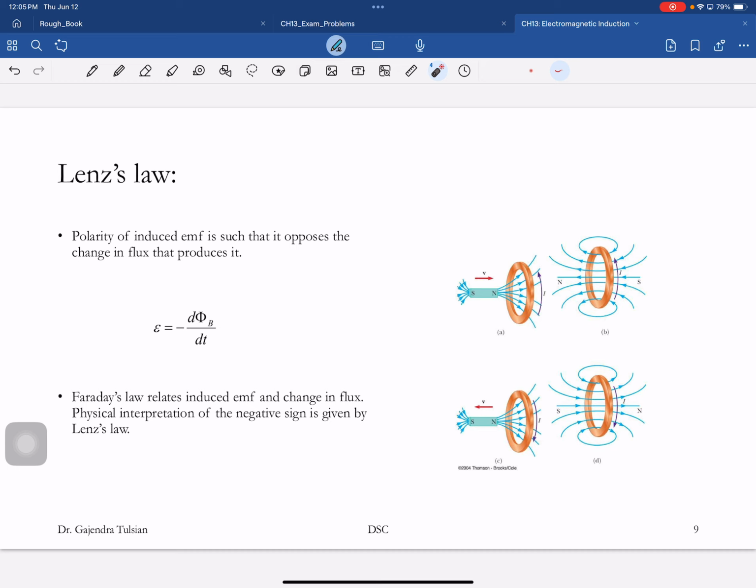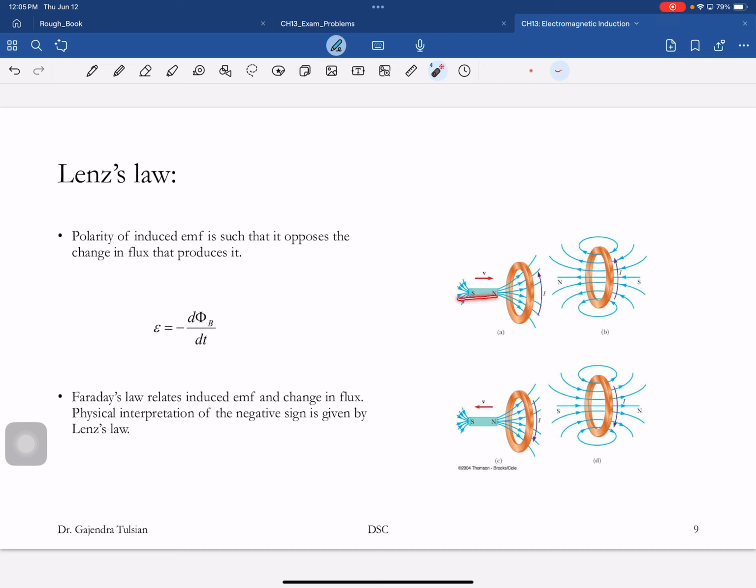All right, so Lenz's law talks about this negative sign. It tells you the direction in which the EMF is induced or the current is induced. So here's what happens. If you move the magnet in this direction, you're increasing the flux through this loop, and the induced current will produce a flux in the opposite direction, opposing the change that produces it.